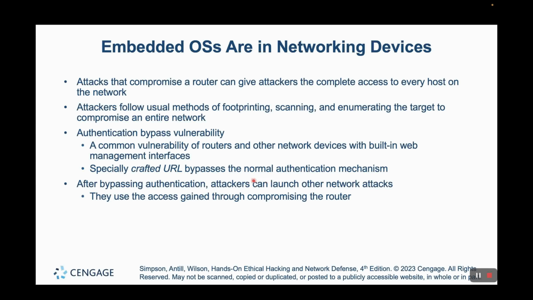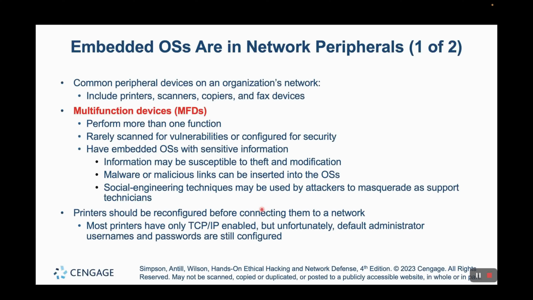With the crafted URL bypass, the attacker can manipulate the URL parameters or the structure itself to skip the standard authentication. So if they can bypass authentication, they will have access through compromising the router to the whole network.